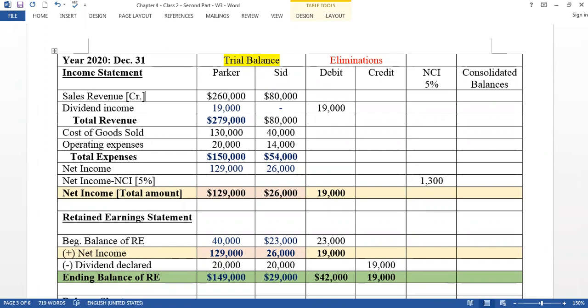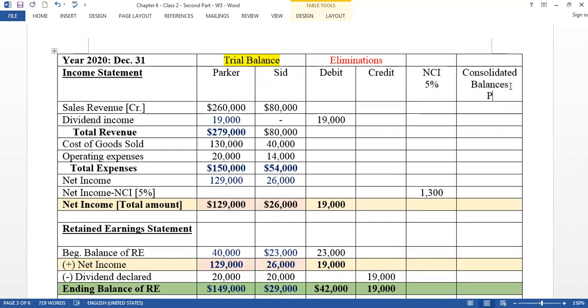Okay, normal balance of sales revenue is credit. Now this is the sales revenue of parent's company, and this is the sales revenue of subsidiary. And here we know that consolidated means P plus S, right? So both are credit, and we don't have anything here.